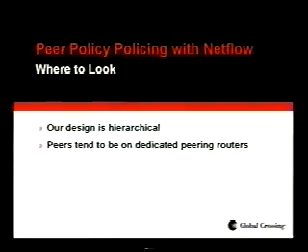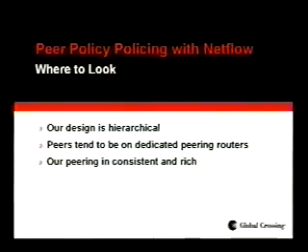It's a fairly common topology nowadays. Our peers tend to be on dedicated peering routers, though there are occasions where we have customers on peering routers. And our peering is fairly consistent, and very rich.